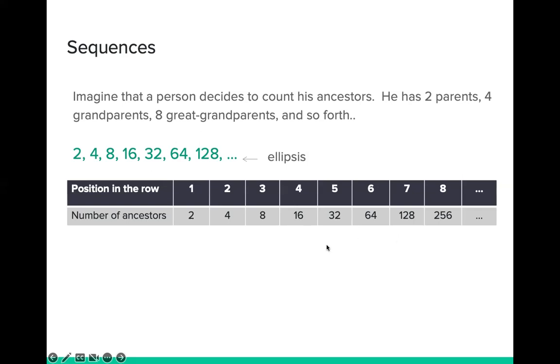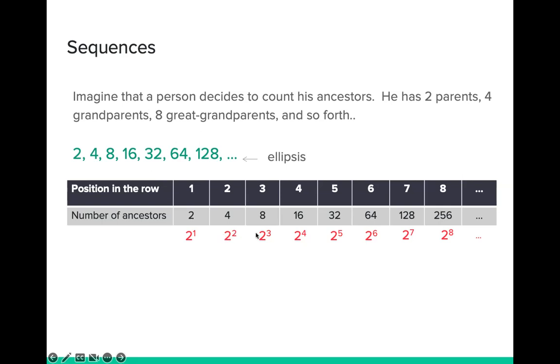And we can also see that the number corresponding to position 1 is 2, okay? Which is equal to 2 raised to 1. And the number corresponding to the second position in the row is 4, which is equal to 2 raised to 2.